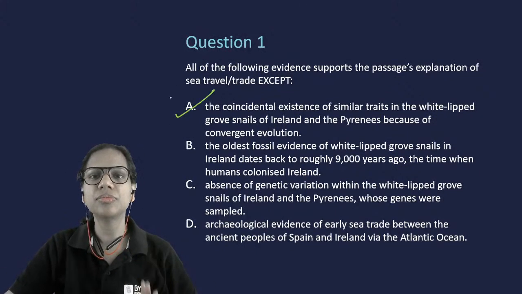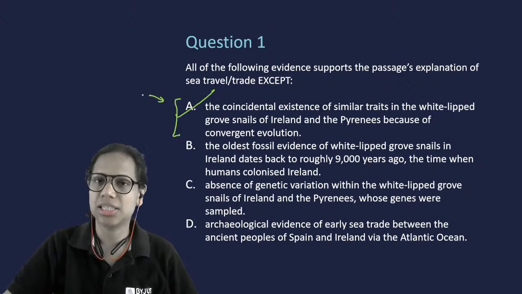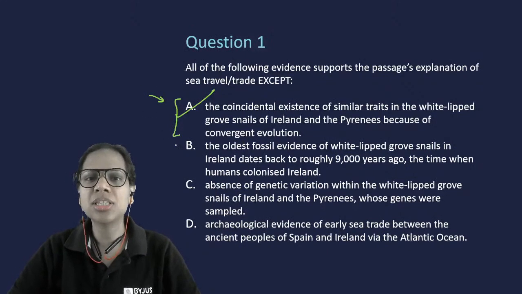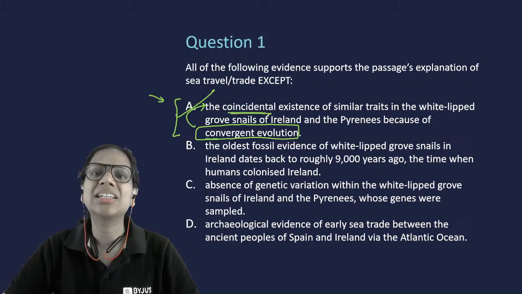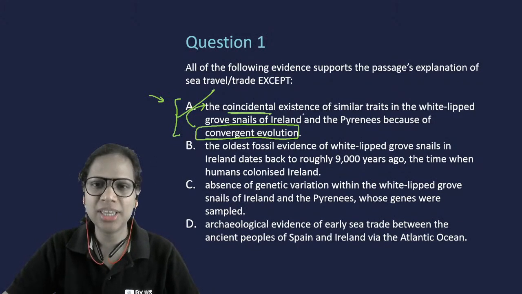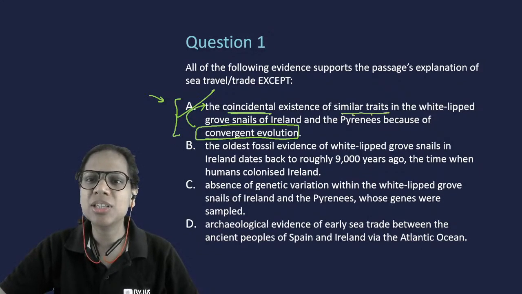Excellent. The passage has denied this. What is this? This is convergent evolution. What does it mean? The coincidental, accidental in a way. It's a coincidence that they have similar traits.